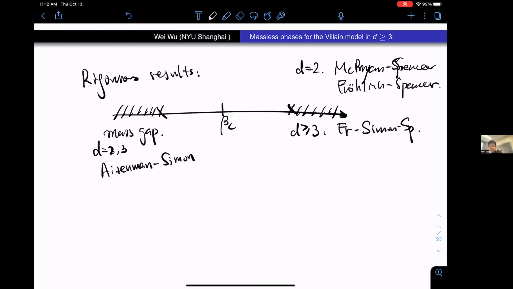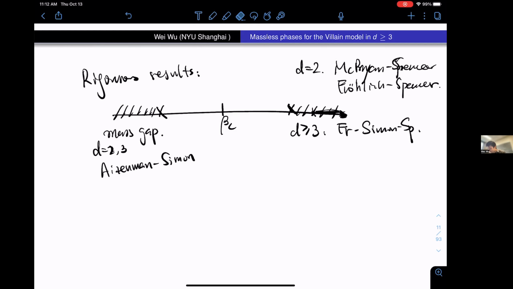And basically, what we did with Paul is to show that in the low temperature phase, dimension at least 3, we can have a very precise characterization of the two-point function. Okay, so this is what we're going to report today.